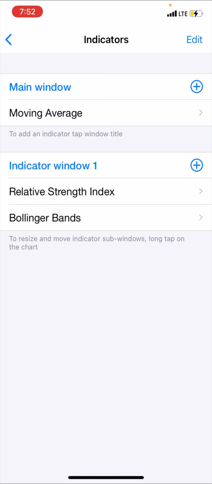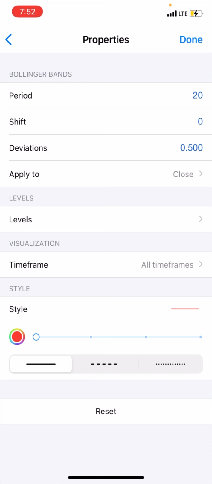So when you have that, you can now move on to add the Bollinger Bands on the indicator window 1 this time around, with the settings of period 20. Shift should be 0. Deviations, you leave it at 0.5. That's 0.500. All right, apply to close, leave it at all time frames. Levels is not needed.